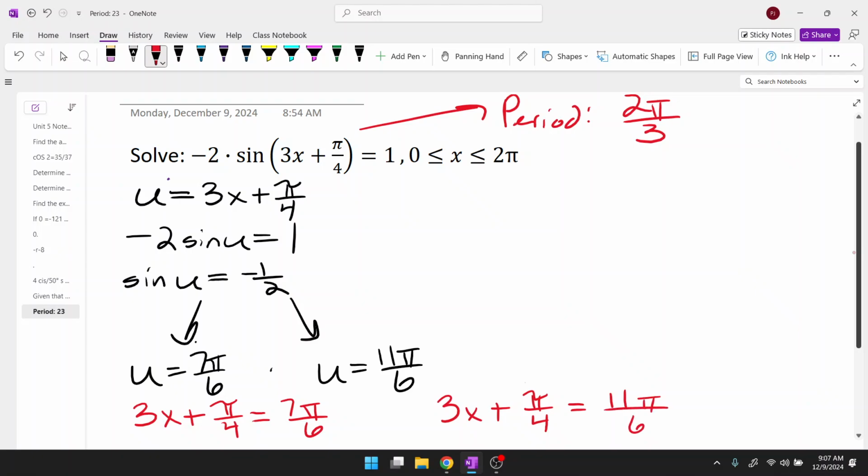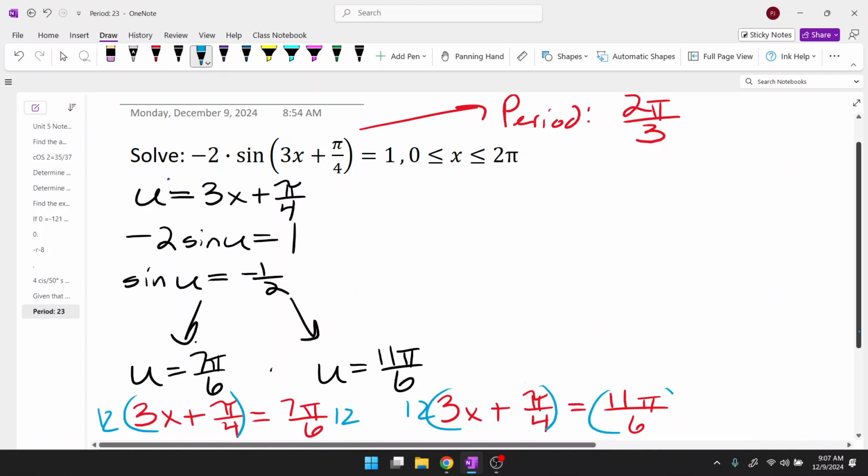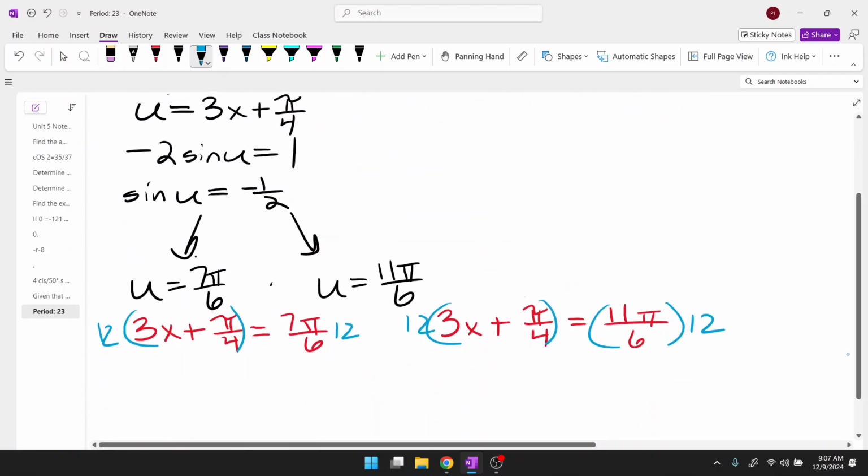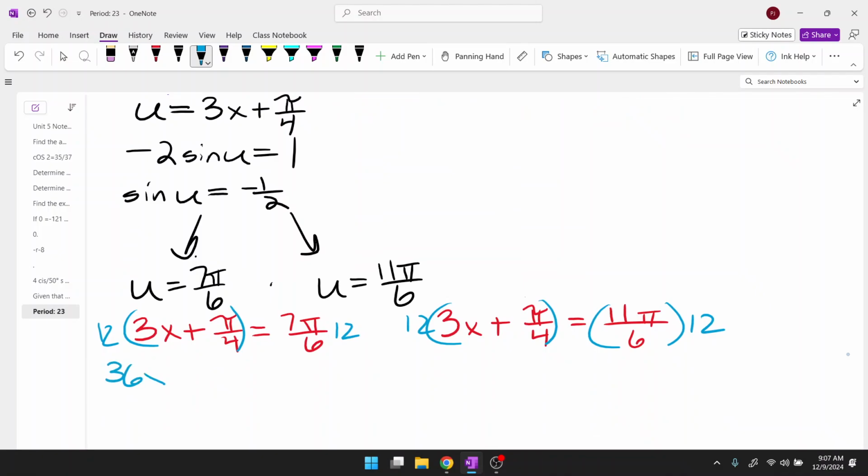So what we need to do, I think the easiest way to go about something like this is to multiply both sides of each equation by something to get rid of those fractions, and that's going to be a 12. So what we're going to have is 36x plus 12 pi over 4, that's 3 pi, equal to 14 pi.